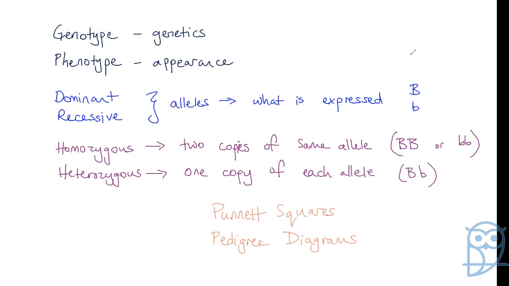Okay, so for Punnett squares, we would have something like a parent who is homozygous dominant, brown eyes.